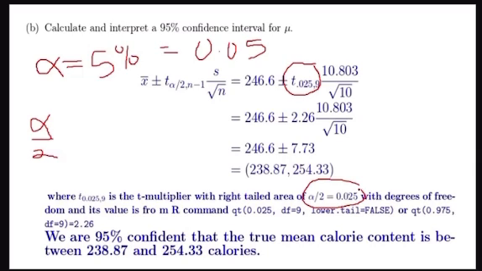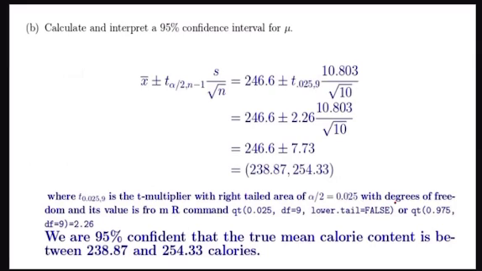And what is the command? If I want to get that, it is this. Do you see it right now? qt(alpha over 2, degrees of freedom, lower.tail = FALSE). When you do that, that will give you 2.26.